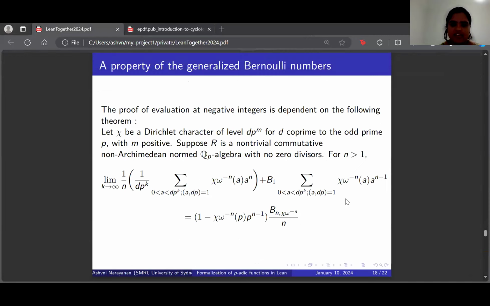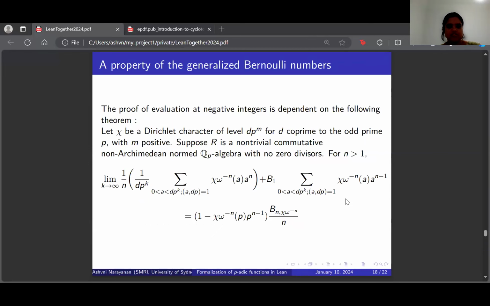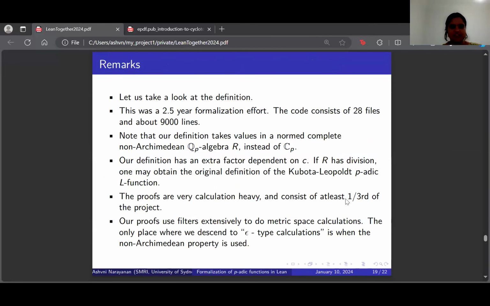And so now let me show you a bit of Lean code. I'm sorry, I'm going to show you Lean 3 code because the files are all there. Okay, so first, this is the definition of the p-adic L function.